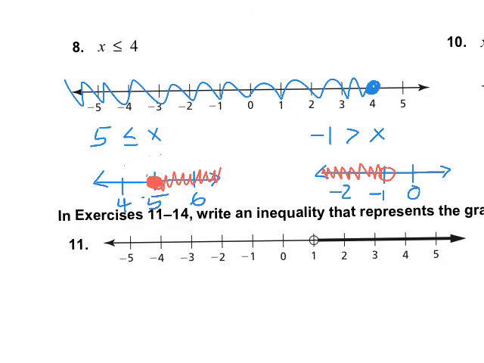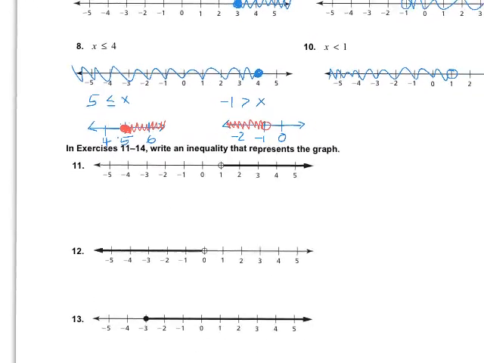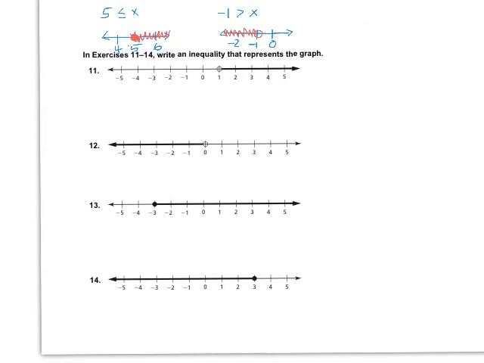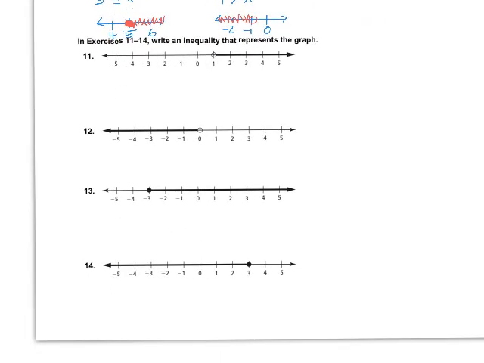Okay, so writing the inequalities is an important skill, sometimes one that kind of gets lost in the shuffle, but it's important. So let's just always use x. I'm starting at 1. Am I shading bigger or smaller than 1? Bigger. So I want x to be bigger. Is it equal to? No, because it's an open dot. All right, x and 0. Am I shading bigger or smaller than 0?